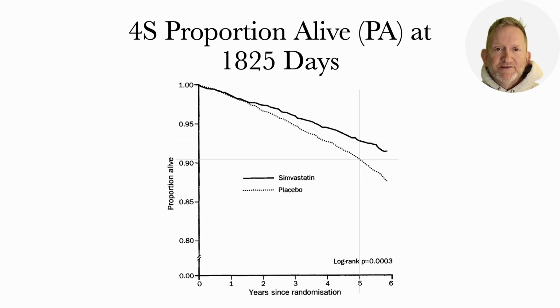So you can see all we're doing here is extracting a number from the figure. These numbers were available to the people who drew this graph, but because we don't have those original numbers, that original spreadsheet, we have to extract the numbers back out of this Kaplan-Meier curve.